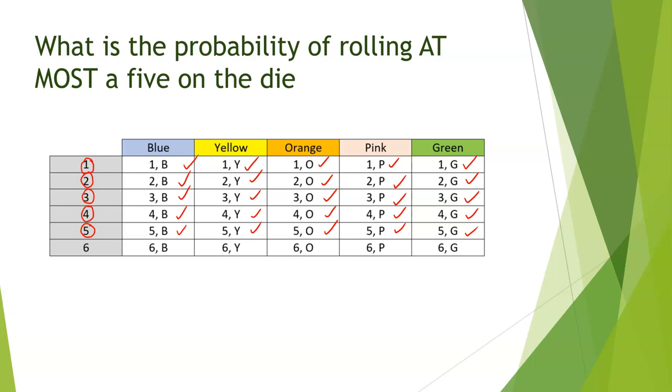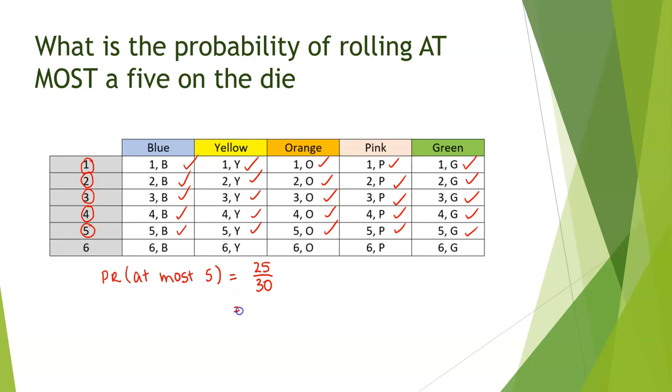So my probability here is going to be 25 outcomes out of the 30 give me at most 5 on the die. So the probability of me getting at most 5 on the die is going to be equal to 25 out of 30.